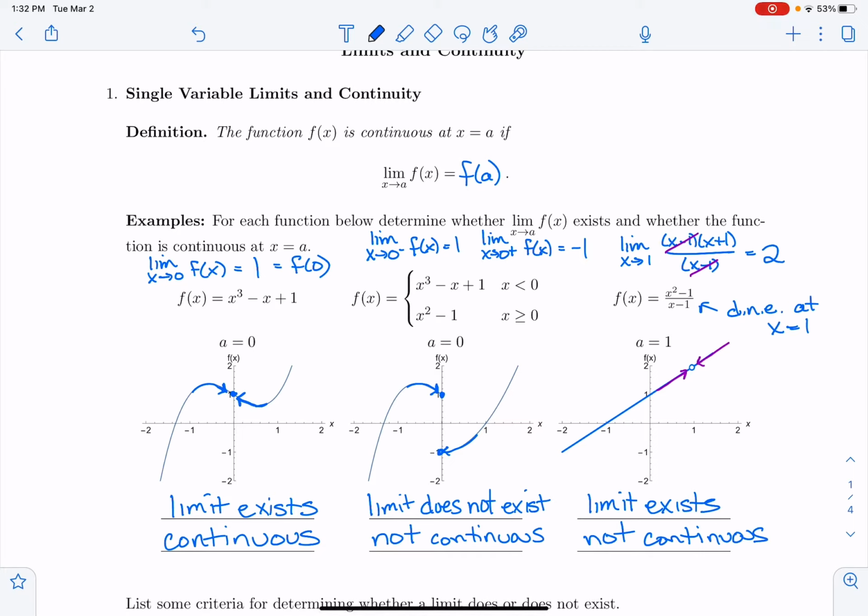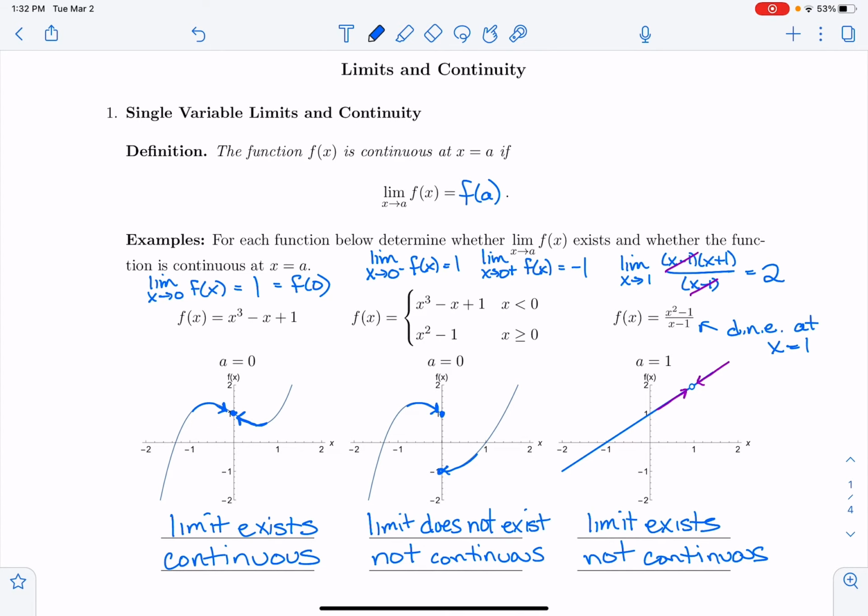And so this gives us some ideas of the types of things that can happen with limits, and whether they exist or not, and whether the function is continuous or not at a point.